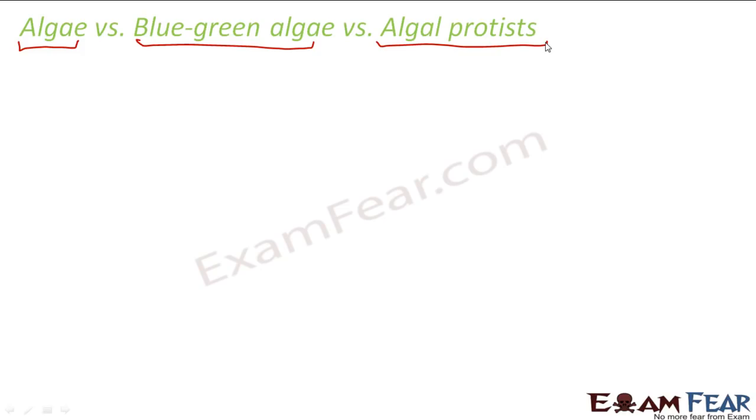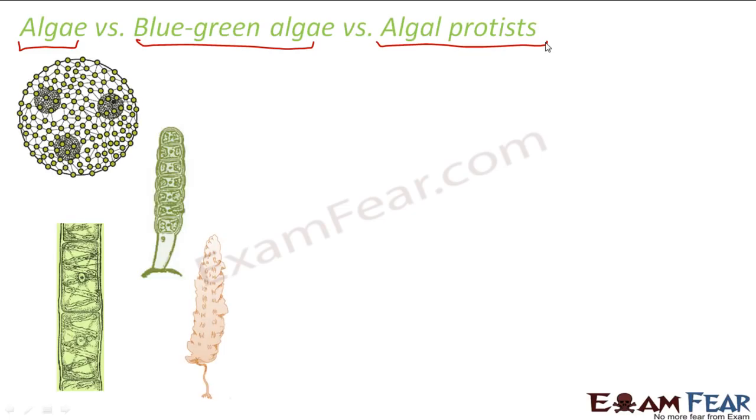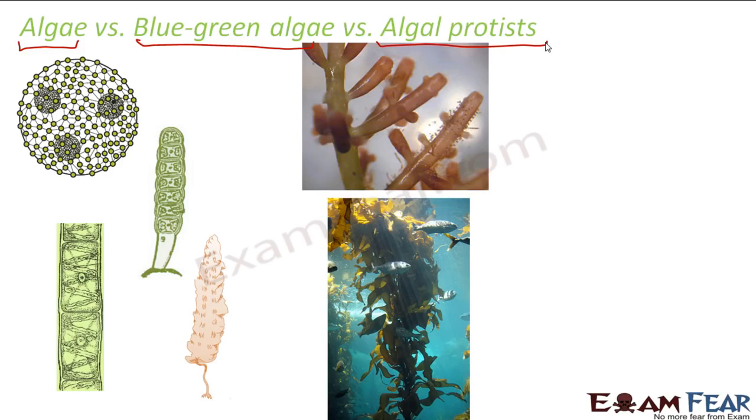So please remember that all these, even though they are all algae, fall under different kingdoms because of their different characteristics. So these which you see here on screen, that is Spirogyra, Ulothrix, Volvox, all these things fall under plant kingdom. They are all either green algae or brown algae or red algae, and they all fall under plant kingdom. When I talk about some of the brown and red algae, which have more characteristics similar to the protists, they fall under the protists kingdom.